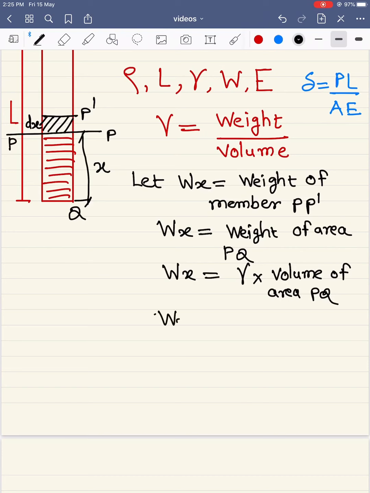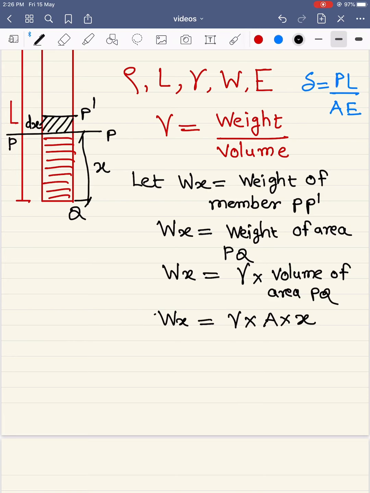Volume is A, the area, into length of element PQ, which is x. So gamma A x is the weight of the area PQ, and which is nothing but the weight of the small element PP dash.